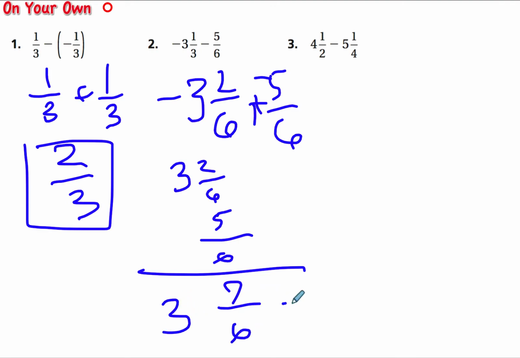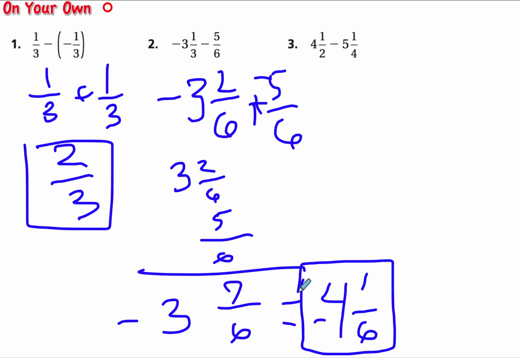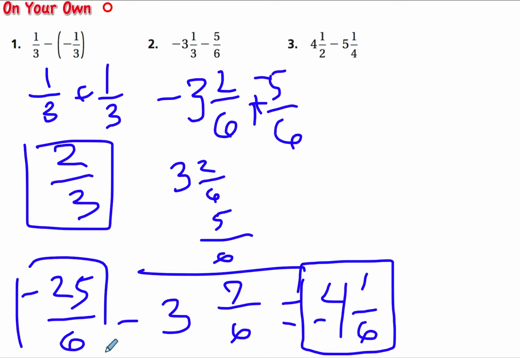Now that will simplify down, because right now it is not in mixed number form. It doesn't have to be in mixed number form, it just can't be in this. So 4 1/6, negative 4 1/6. We said earlier the answer was going to be negative. And this also you could have done 3 times 6, 18, plus 7, 25. This could be answered as negative 25/6 as well. That would be an okay answer.